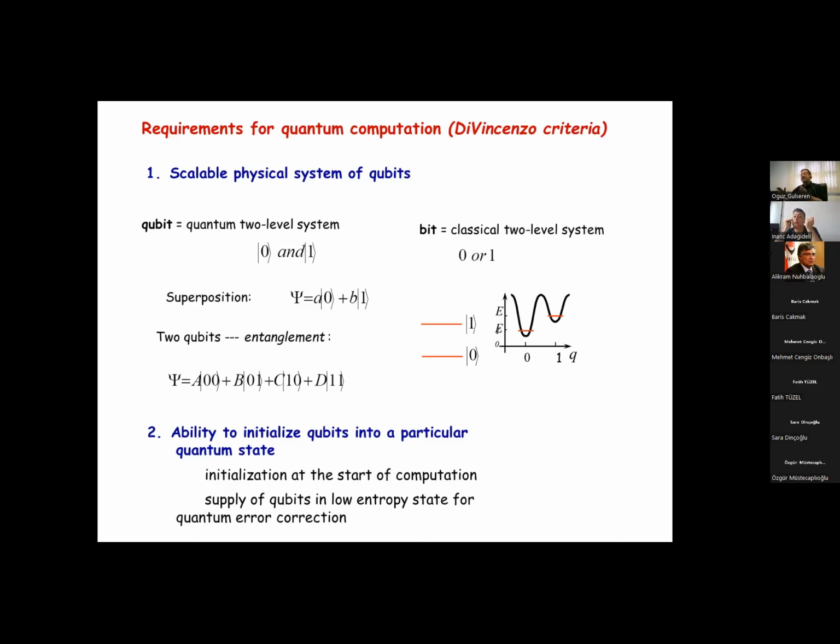That means you need a control to initialize your physical qubit in the same manner each time. Here you might need quantum error correction as well, and so on. But I'm not going into that discussion here.